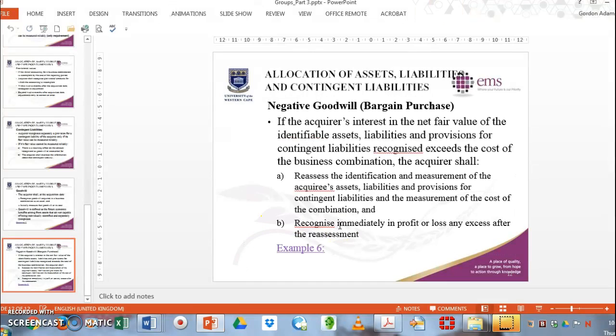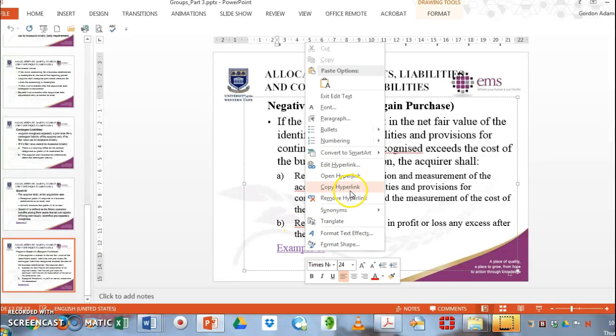So now we have what we refer to as negative goodwill, bargain purchase. So essentially a bargain purchase comes into existence when the fair value of the consideration that we pay for the investment is lower than the fair value of the assets we are acquiring. So let's look at example 6, which deals with this for us.